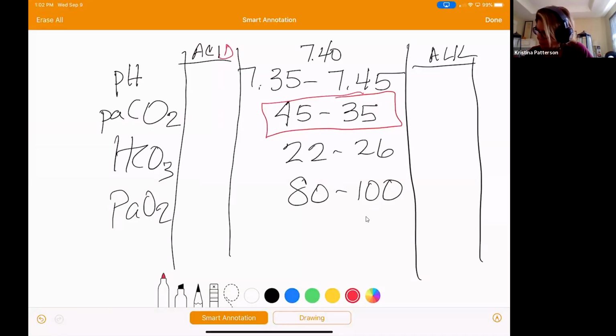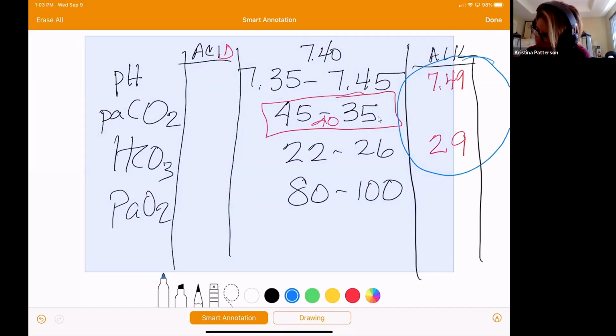All right, so here are our figures, and we had a pH of 7.49. I'm going to draw that over here. 7.49 is our pH. And we had a PaCO2 of 40. That's right in between 35 and 45. And our bicarb is 29, so that's over here. As you can see, this is our match right here.